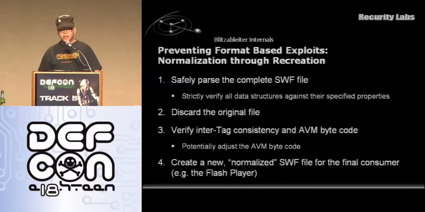Once we did that and could make sense of the file, we throw away the original file and create a new file based on the information we parsed out. That has the benefit of providing perfectly clean files to the Flash player, so you don't get owned. It also makes writing stable exploits a bitch because all the offsets change all the time. And that's essentially what I call normalization.